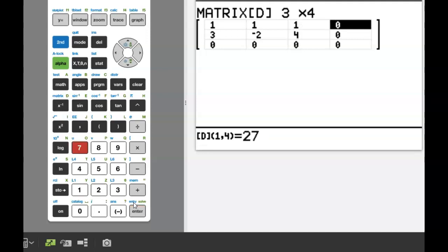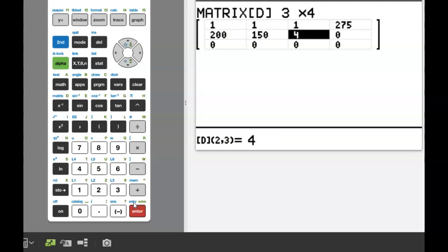275. And then 200. And then 150. And then 75. 42,125. How am I doing?